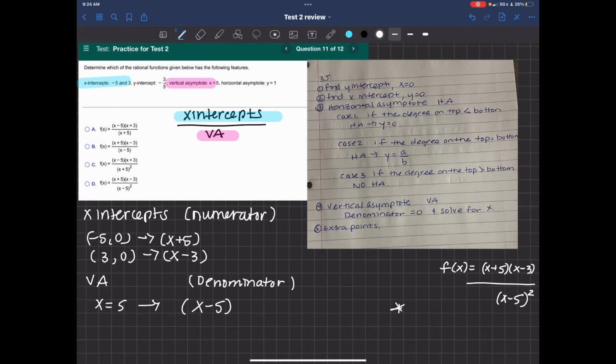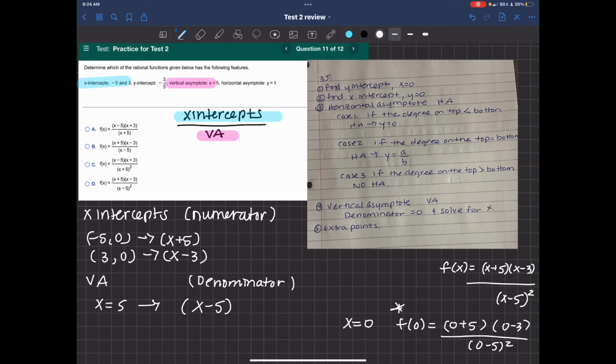So where x equals 0, let's see what I get. F of 0 equals (0 plus 5)(0 minus 3) over (0 minus 5) squared.